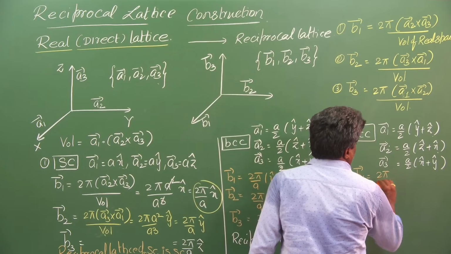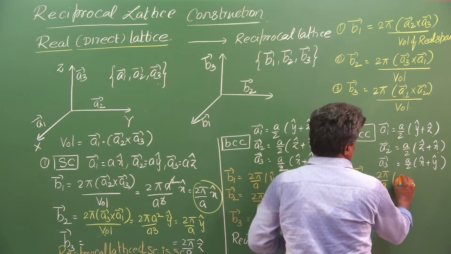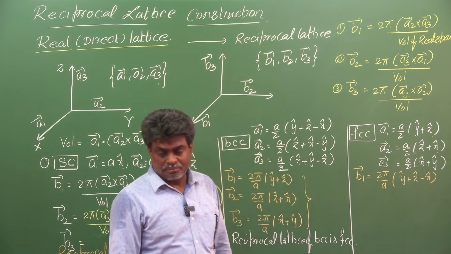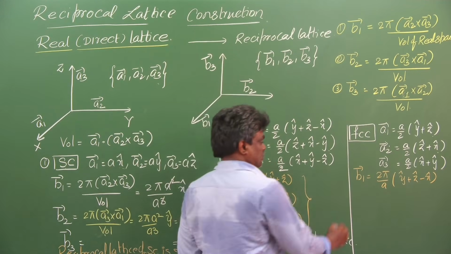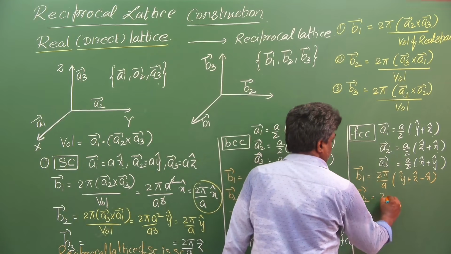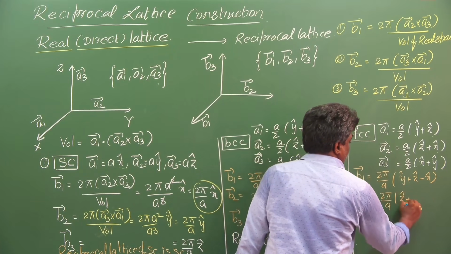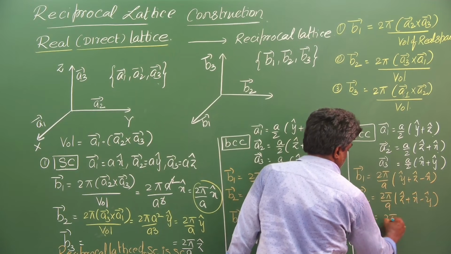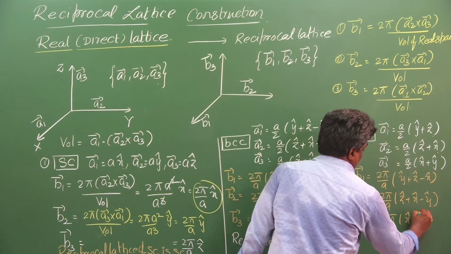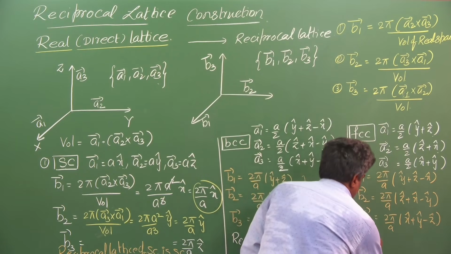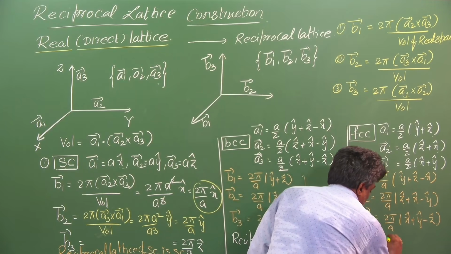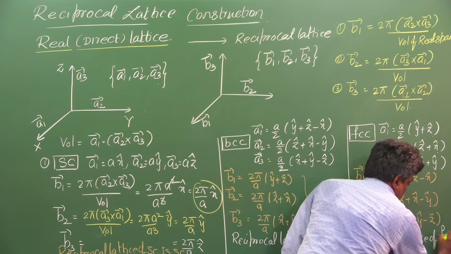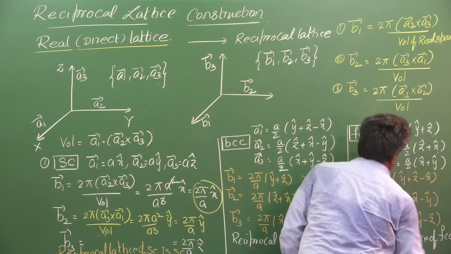Similarly, write this. Please check how much you got. 2 pi by a, quite similar to BCC, you will get y cap plus z cap minus x cap. All of you got it? And then please write reciprocal lattice of FCC is BCC.